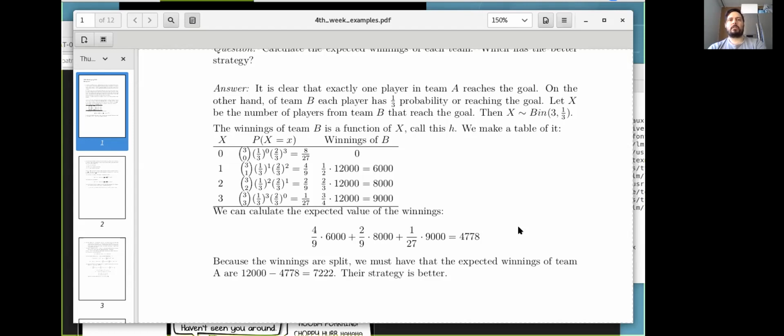Doesn't mean necessarily that in all games this A strategy is the one that you pick. For instance, if you're playing a game where you are losing and you're going to lose if you get the same amount as the other one, but if you get 9,000 and the other one gets 3,000, then you win, then this strategy gives you at least a 1/27 chance of winning.